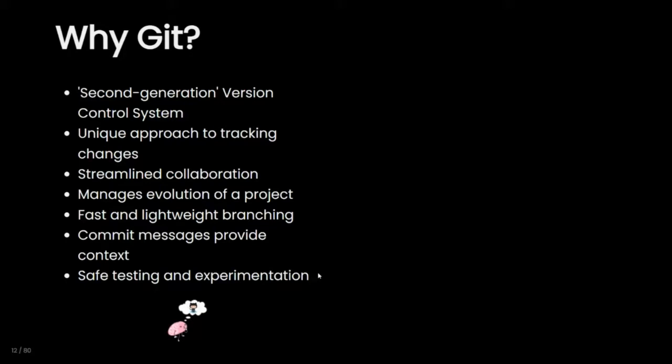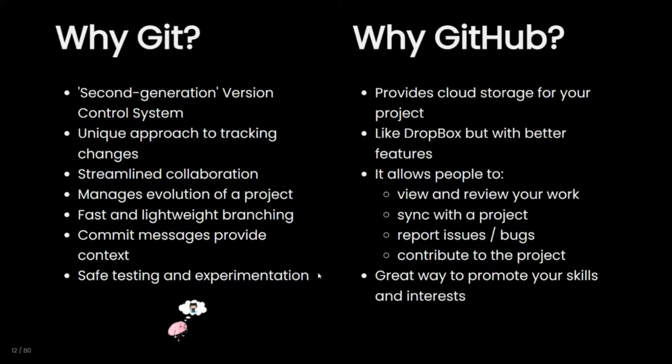Well, you don't have to risk breaking a working version of your project. Git will allow you to do experimenting and testing in safe ways. And then if it works, you can merge it to your main project. And if it doesn't, you can just let it go and delete the branch that you're working on. So we'll see a little bit of that going on, but I hope you understand the implications of that, because it's always nice to feel like we can't break something when we're working on an idea.